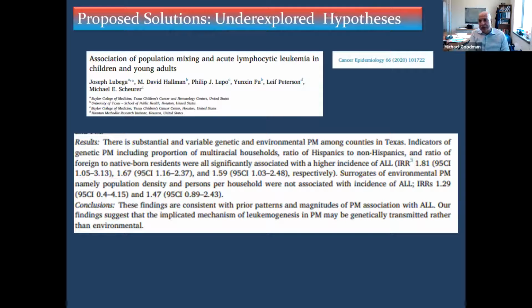What about underexplored hypotheses? So again, the paper that I mentioned earlier, the 2012 paper, also looked at a long list of hypotheses that were postulated as possible reasons for clusters.